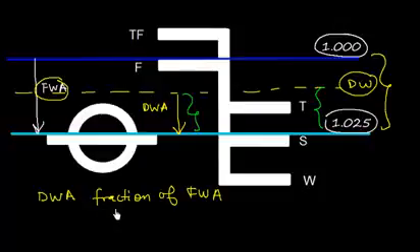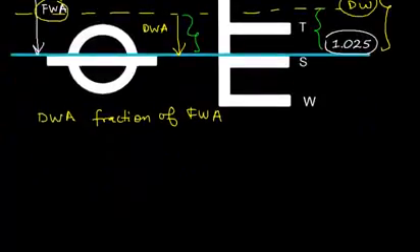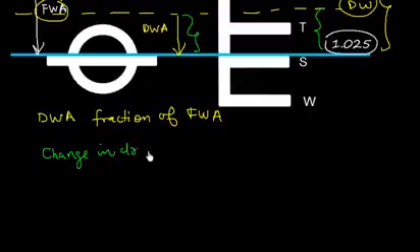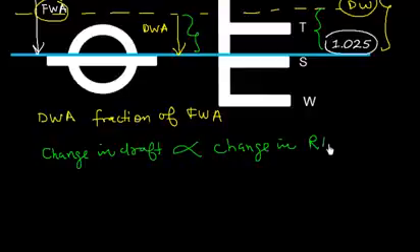So the change in the draft is directly proportional to change in density. Let me put it this way. So change in drafts is directly proportional to change in relative densities, RDs, or densities.